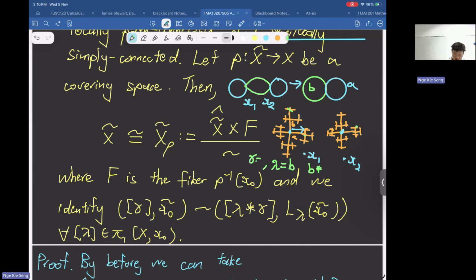Our gamma here is actually A. So what is B composed with gamma? If you look at the x1 here and you move B first; actually, if you move B first, you should move up first, and then you move across. Actually, it's this point here: BA.